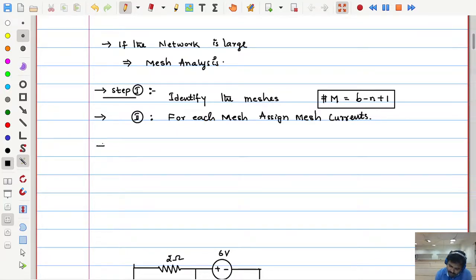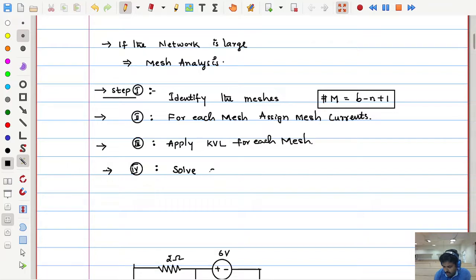Then in the third step, once we know that in a particular mesh or loop some current is flowing, we apply KVL, Kirchhoff's voltage law, for each mesh. Then in the final step, solve all the KVL equations.